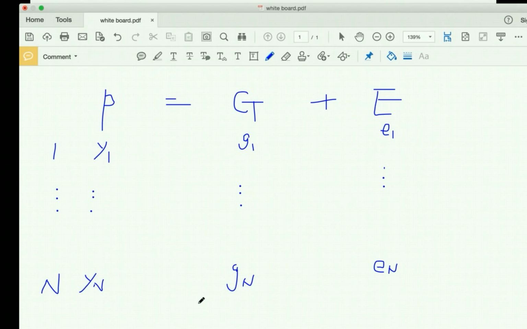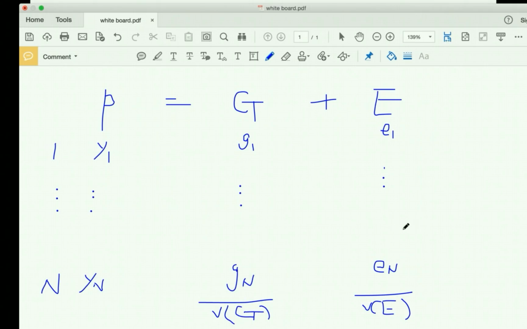That's just a simple function of the variance of this vector of G, that we call genetic variance, divided by the variance of G plus the variance of E, according to the equation in the previous slide.